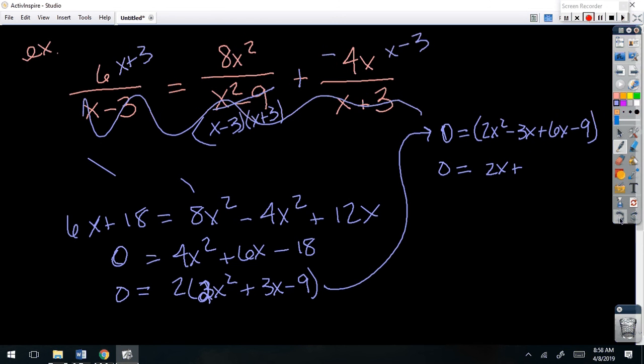Sorry, I'm trying to skip steps. 2x minus 3 and x plus 3. If I set equal to 0, I get 3 halves and negative 3.